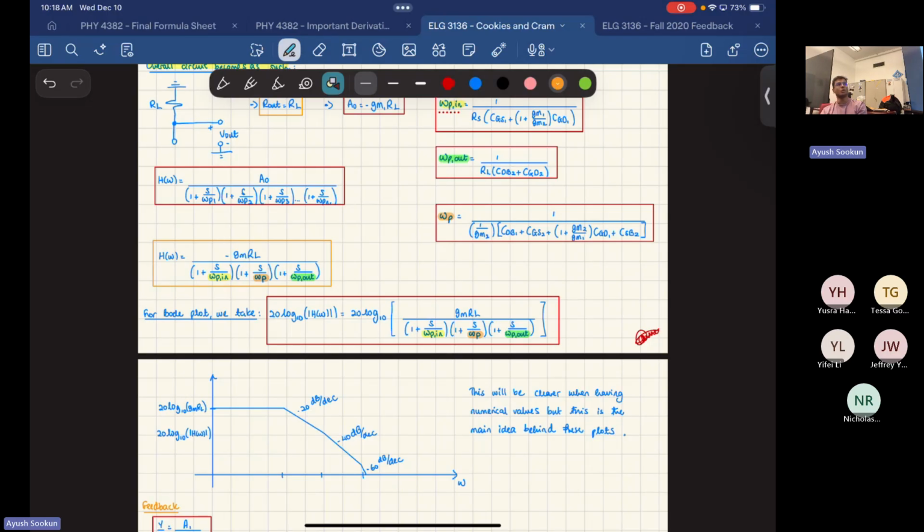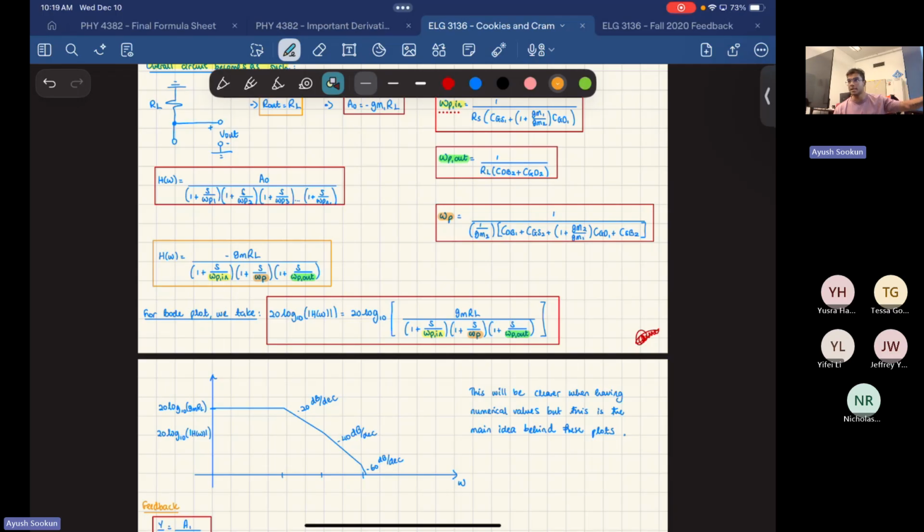In your exam, you will be given numerical values, so you can plug in there and then you would know which one happens first. All I know is there's three of them, and they probably won't happen at the same time, so I have 1, 2, 3, and after each one of them, my gain will decrease. That's how you draw the Bode plot. If you draw a Bode plot where it goes up, you did something wrong.